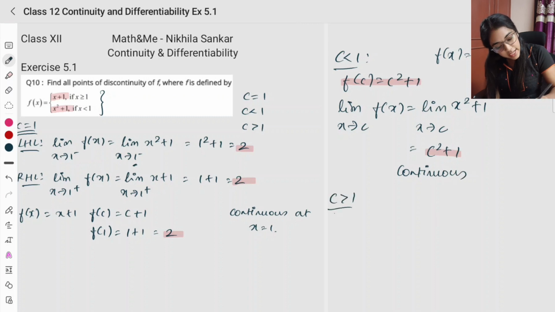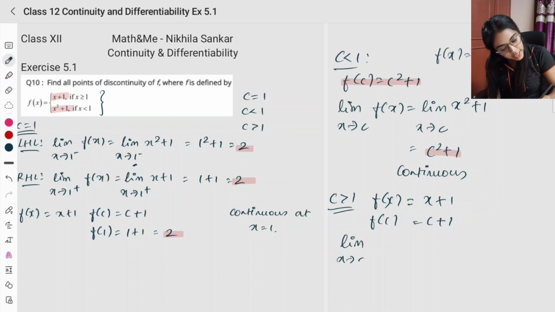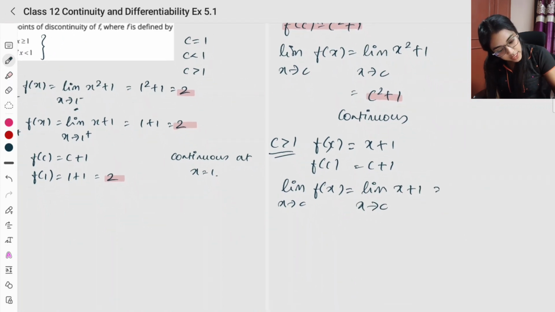If c is greater than 1, again a condition, f of x is x plus 1. So, f of c is going to be c plus 1. And what is my limit? Limit x tends to c of f of x is going to be limit x tends to c of x plus 1, which on substituting c, I will have c plus 1. Correct?